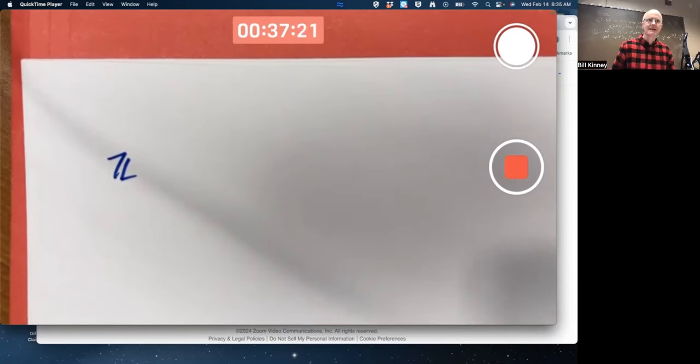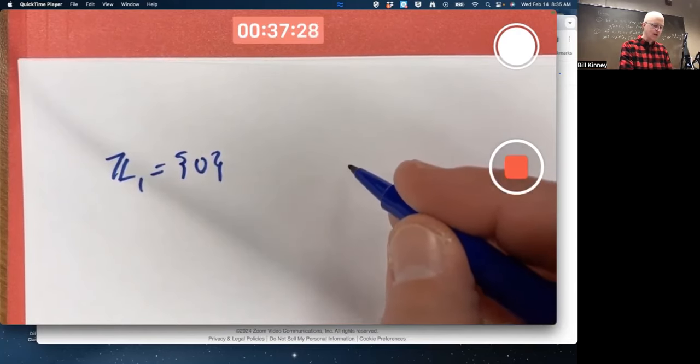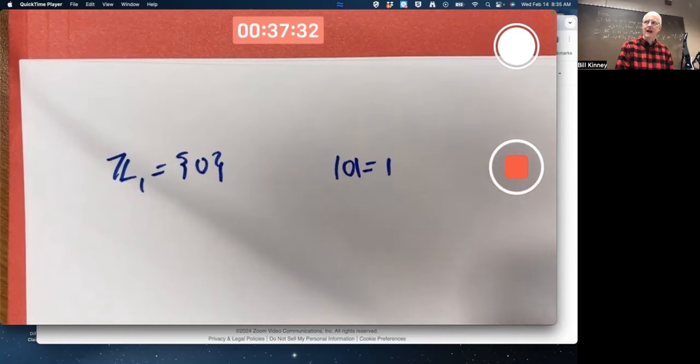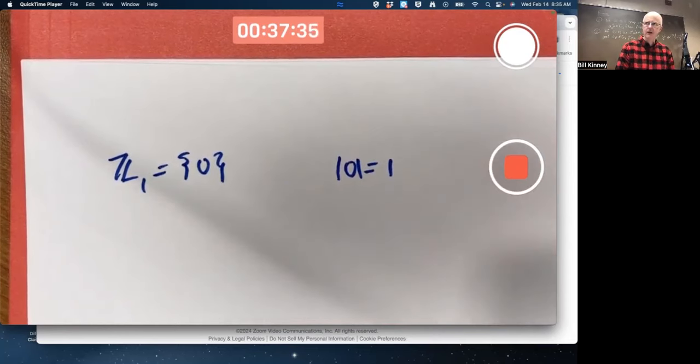Z1 just contains one element, 0, under addition mod 1. The order of 0 is 1. Does that mean 0 to the 0 power equals 0 to the first power equals 0? That's not what I'm saying, though in the regular number system, you could say that's true.